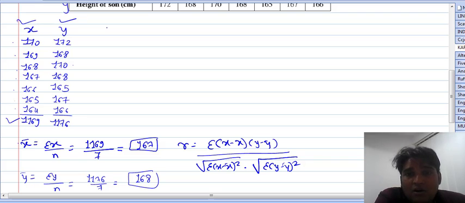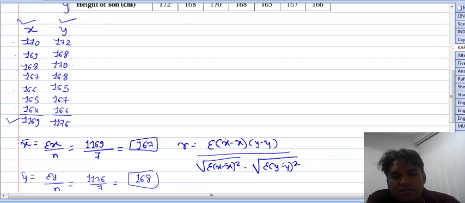There are many columns you have to prepare, so you are not able to cram this. So you always go by formula. What formula requires, you have to observe, right? So in that question, sigma x minus x bar, y minus y bar is there. So we have to prepare one column x minus x bar.